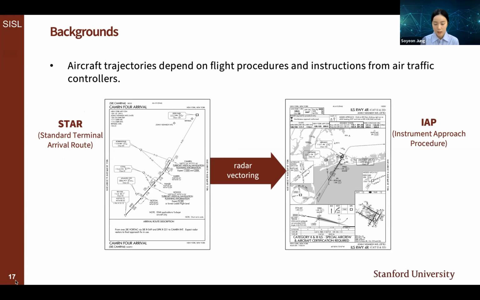Then when it gets close enough to the destination airport, it follows the instrument approach procedure, or IAP, for the final approach before landing. For a smooth transition from STAR to IAP, the air traffic controllers guide the aircraft by assigning specific headings, and this is called the radar vectoring operation.